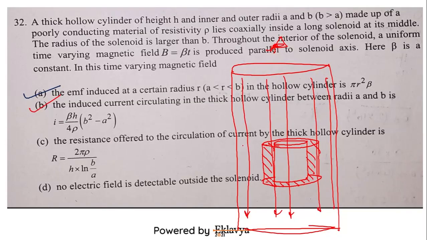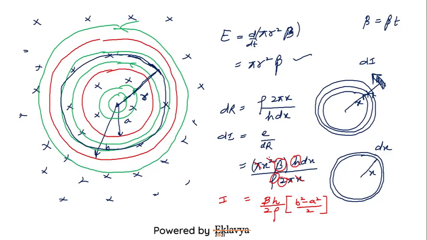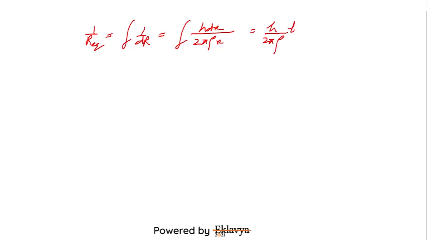Now the resistance offered to the circulation of the current. This can be obtained by using this expression. These shells can be assumed to be connected parallelly with each other. So using this expression we can find out the equivalent resistance. 1 upon R equivalent is integration of 1 upon dR. So we'll get integration of h dx upon 2 pi rho x. h by 2 pi rho will be taken out as the common quantity, and we'll get ln b by a.